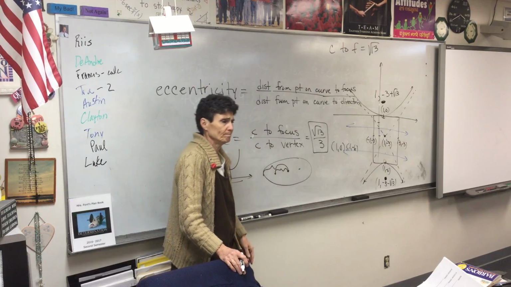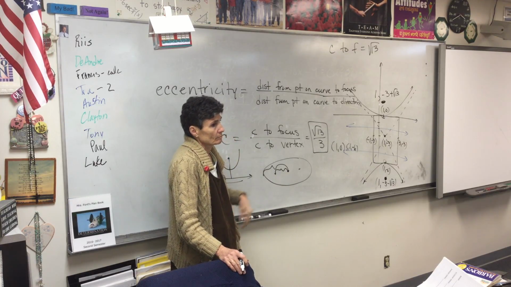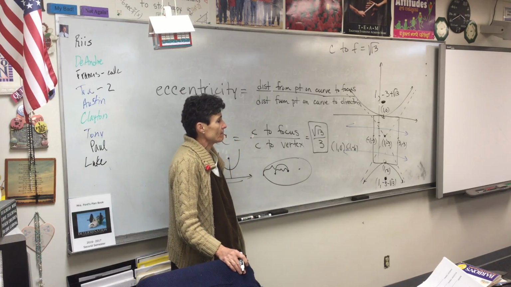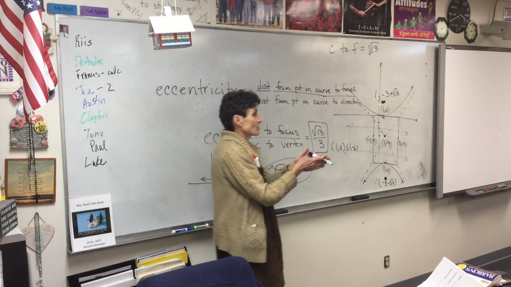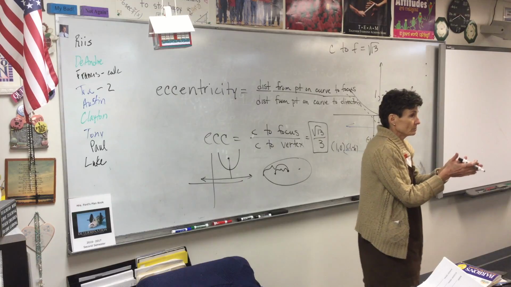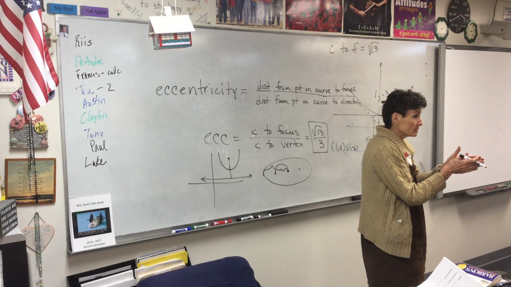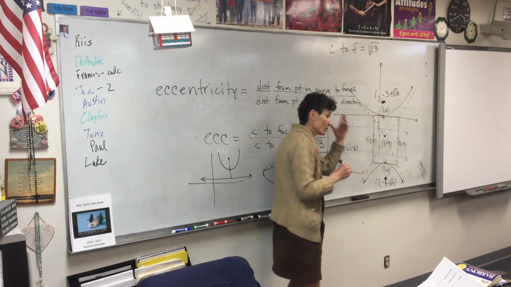What about a circle? The foci of a circle have converged at the center, so the distance from the center to a focus is 0. So for a circle, taking our test, we've done an eccentricity blank for every one of them.